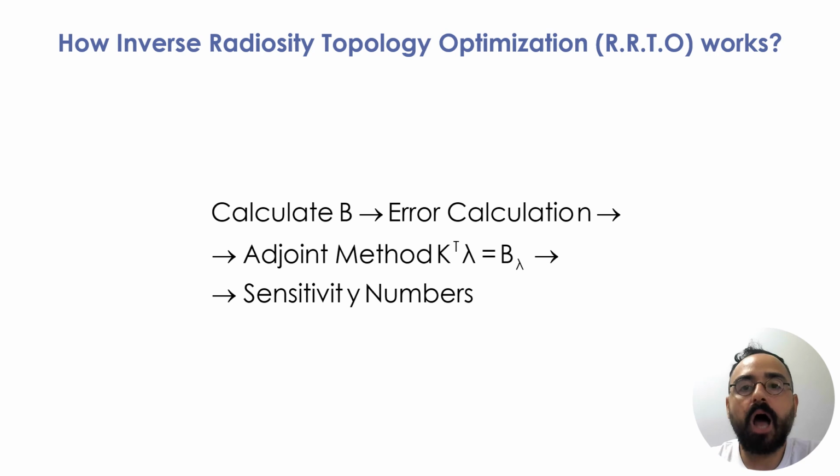To find how the elements' densities influence this error, we utilize the adjoint method, solving the transposed system K^T λ equals B. This efficient backward propagation outputs our daylight sensitivity numbers, which indicate whether adding or removing material at each element improves our daylighting performance.